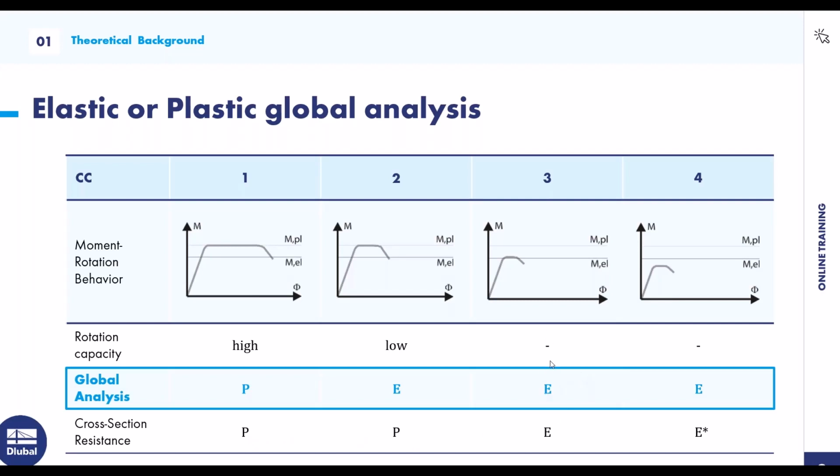Then cross-section classes 3 and 4 allow an elastic structure analysis, and the cross-sectional resistance can only be applied elastically. For cross-section class 4, only a reduced cross-section resistance, the effective cross-section, is used.